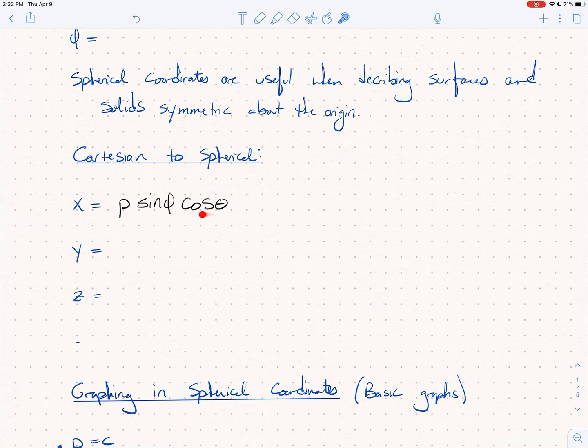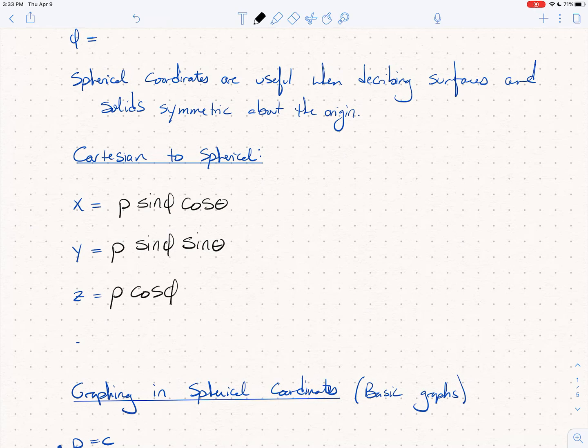Notice you're familiar with the r cosine theta. That's the same. We just throw in a sine phi. Y is going to be rho sine phi sine theta. You're used to thinking about y as r sine theta. So again, throw in a sine phi in both of those. What's z? Z is just rho cosine phi.